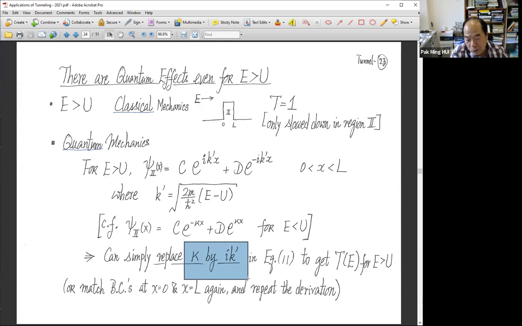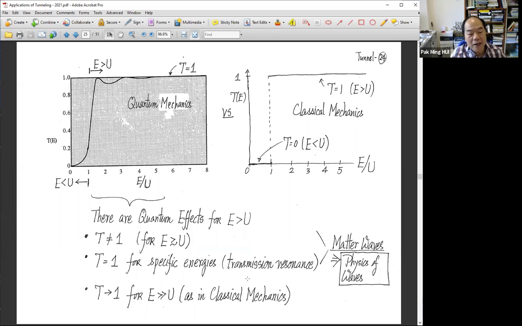Of course, you can redo it without knowing that, okay? So in this figure, I supplement the other region. We talked about this region, but for E greater than U, you also have some quantum effect. You see this oscillatory thing, so even when E is greater than the barrier, the transmission is not 1, all right?